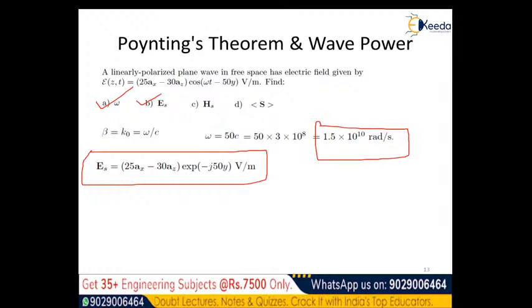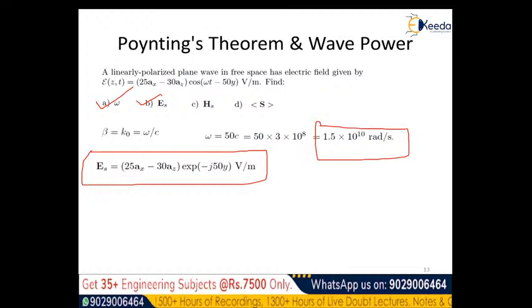Now for part C, we make use of the fact that each of the components of ES is perpendicular, orthogonal we can say in terms of vector algebra. The HS component will be oriented such that the cross multiplication of ES and HS will be in the direction of propagation of the electromagnetic wave.